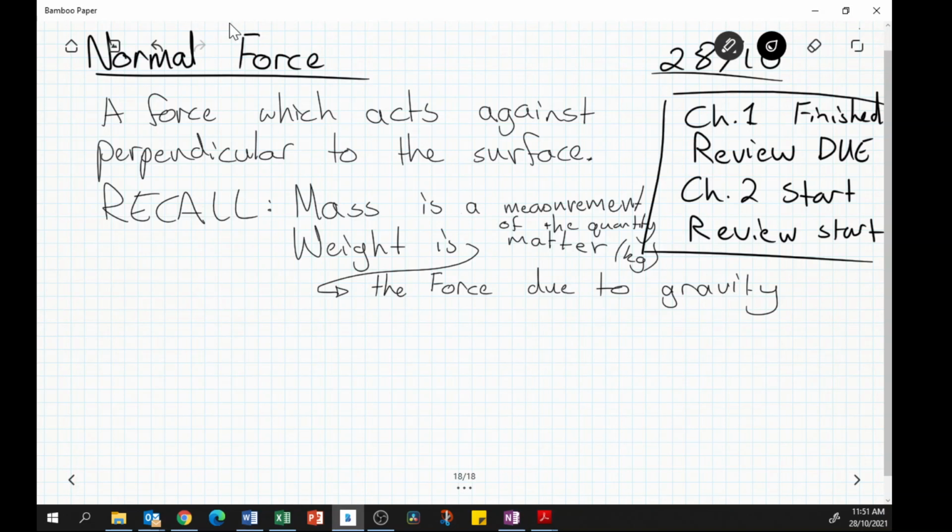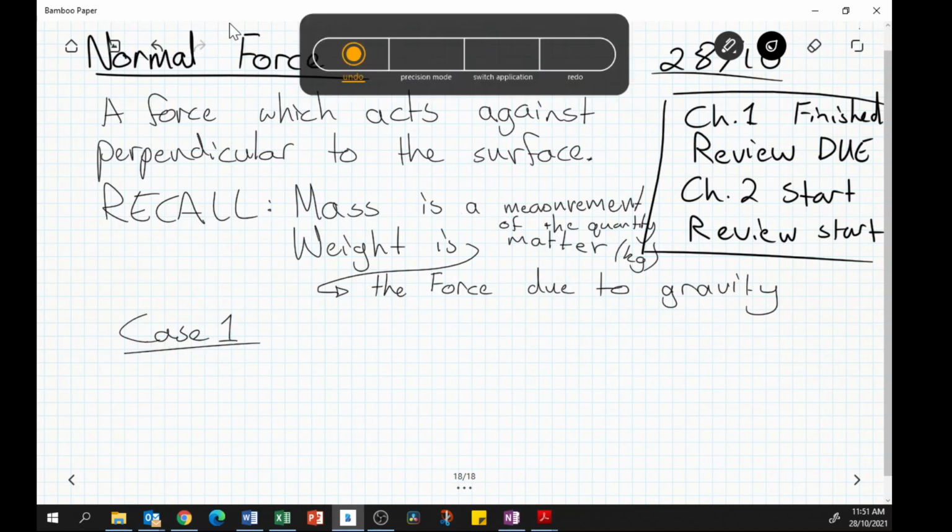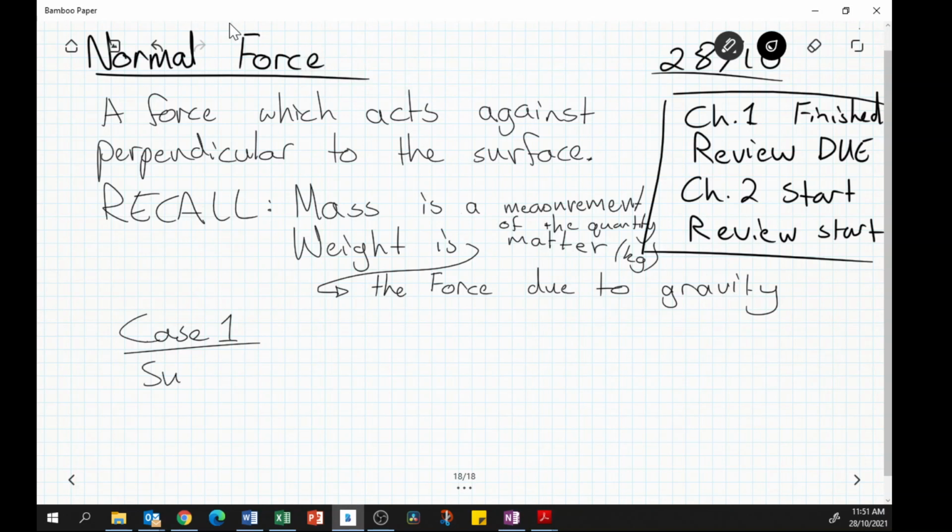It applies a force, okay? I apply a force to this chair due to gravity's effects on me. The chair, of course, applies a force back to me. Now, in situations where, case one, and we're going to talk about these different cases a lot, in situations where the surface is perpendicular to gravity, in this case, Fn perpendicular to gravity.